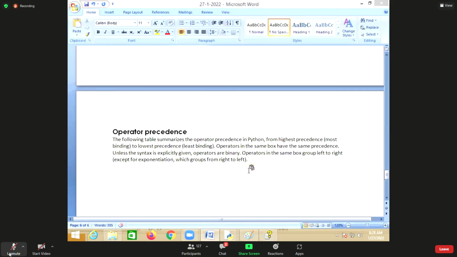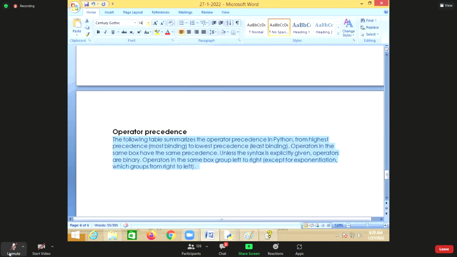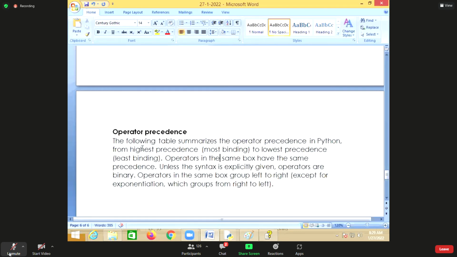Because there are so many operators, I just took this table from the documentation. If operators have the same precedence, evaluation is done from left to right, except for the exponent operator, which is evaluated from right to left. I'll show you with an example.